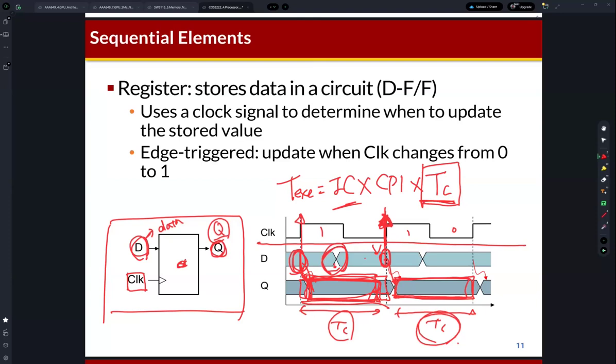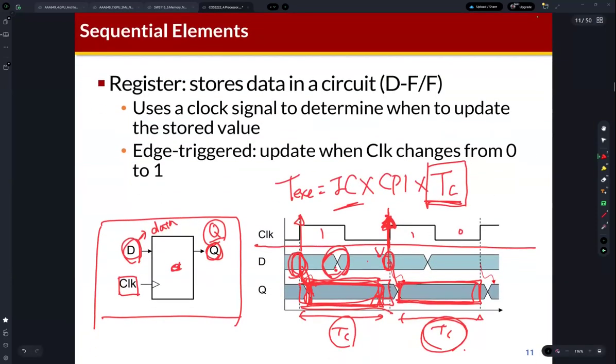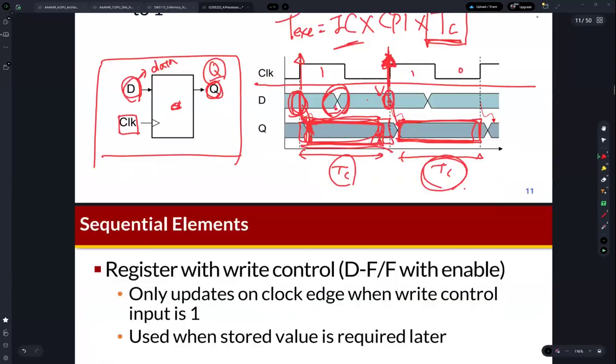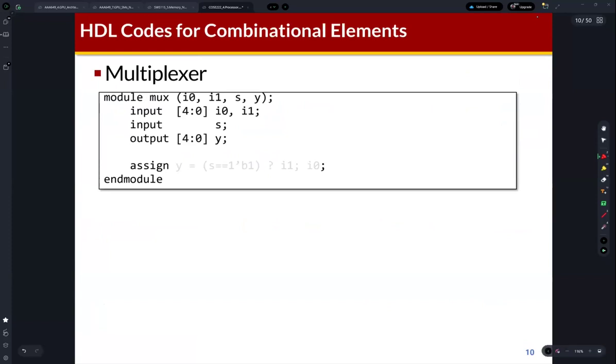It is because, as I mentioned, combinational logic is a function F from input to output, and the output is updated by the input value after a delta t delay.